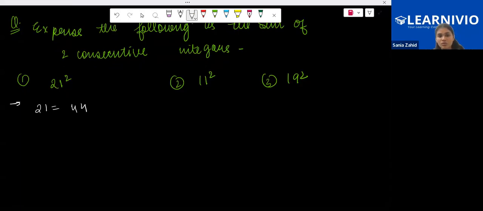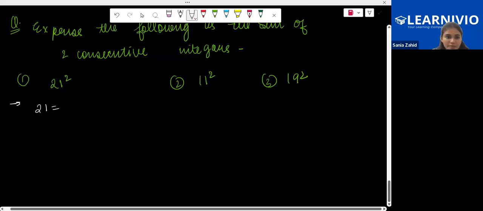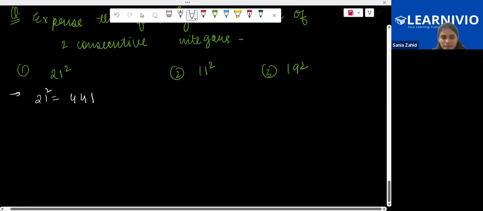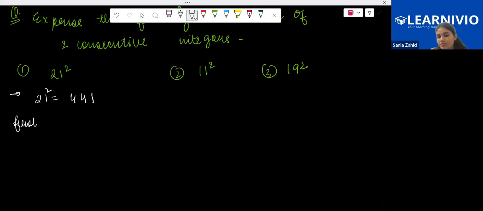Then first number is (21 square plus 1)/2.